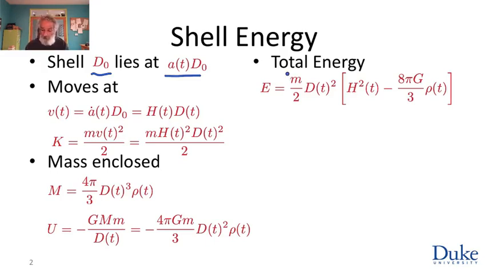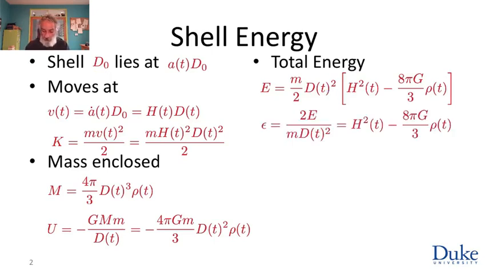There are some important things to notice about this expression. Fact number 1 is that if I factor out this d squared, I get an expression that looks like this. I'm going to also factor out the 2, so I take E and divide it by this common factor, and I get this answer. Now, the important thing about this way of writing it is that if you look at the right-hand side, it has quantities in it that are H squared, the square of the changing Hubble constant.